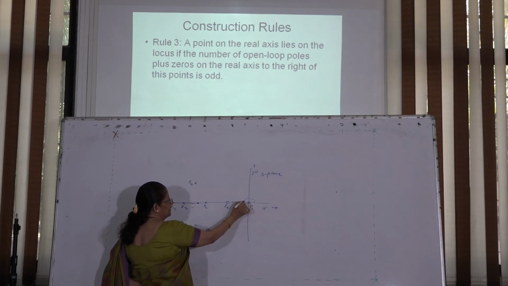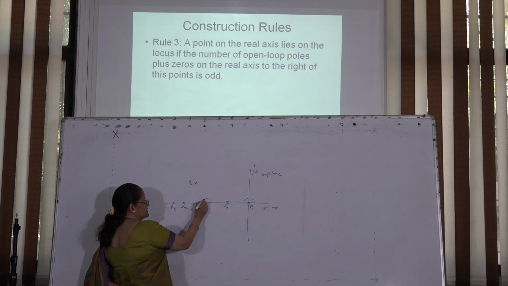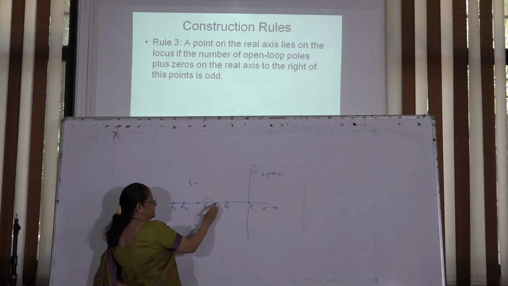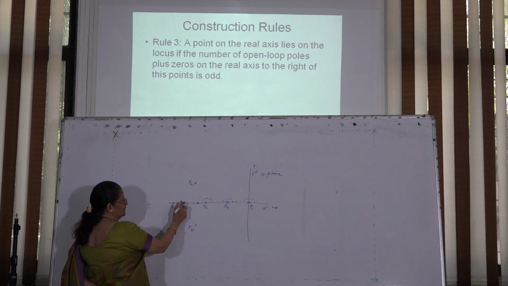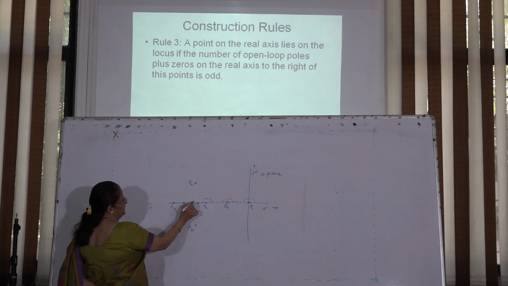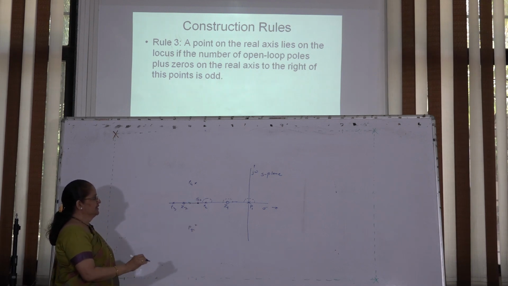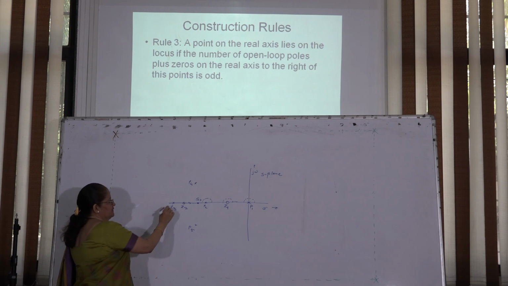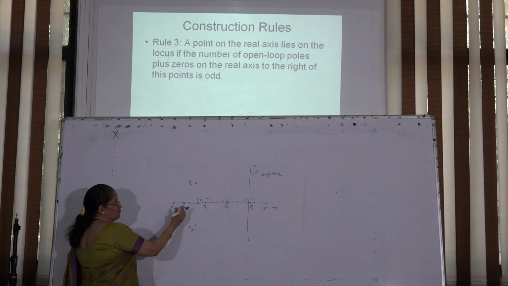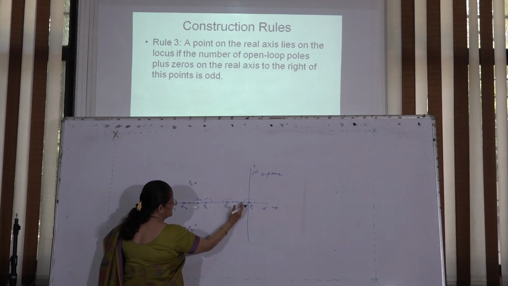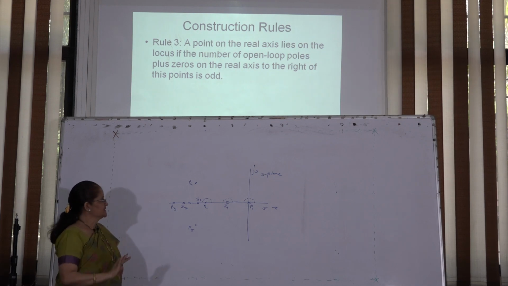We can see that we will get 180 degrees. What is the angle made by P2? This is 180 degrees. What is the angle made by the zero? This is 180 degrees. What is the angle made by Z2? It is 0. Consider this point S0 is the trial point, whether it is on the real axis locus or not. If I am considering P3, what is the angle made with S0? It is 0. So, we are considering only the right side of this point, we are not considering the left side of this point. That is the first thing.